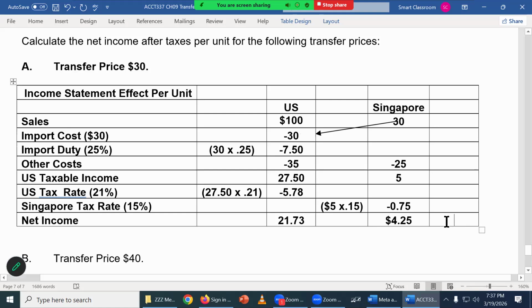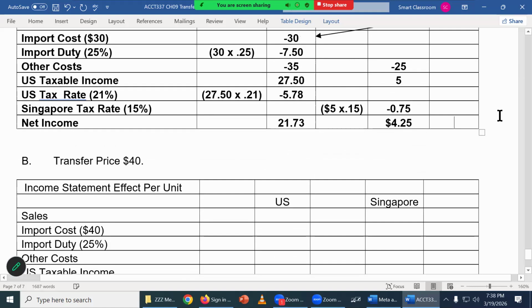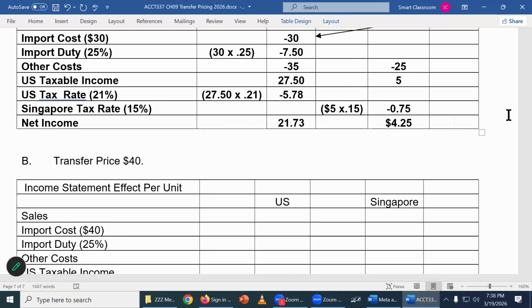So these two together would be our total net income. I'm going to put total over here. Like 25.98.